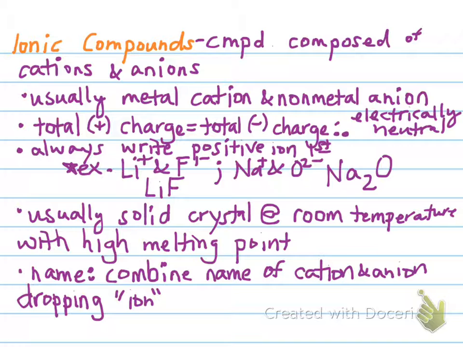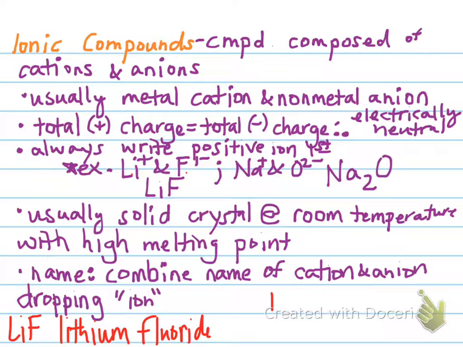So for example, LiF is lithium ion and fluoride, so its name is lithium fluoride. Na2O is sodium ion and oxide, so its name is sodium oxide.